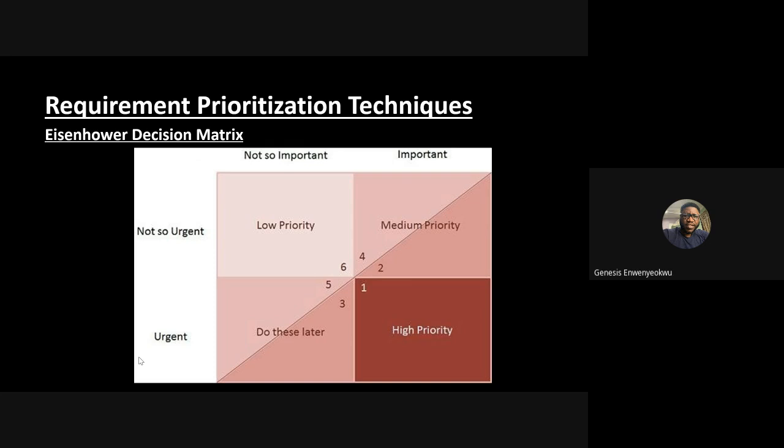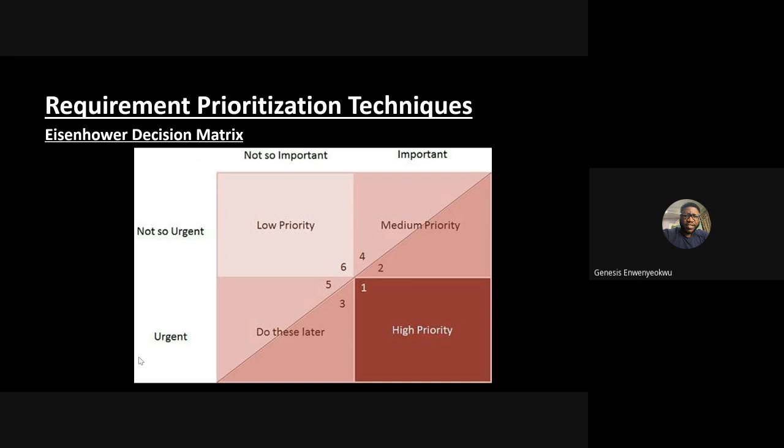While Azure DevOps prioritizes requirements with 1, 2, 3, 4, 5, 1 being the highest priority, 2 being a high priority, 3 being a medium priority, 4 being a low priority, and 5 being the lowest priority. So they basically leverage the Eisenhower decision matrix in their prioritization.